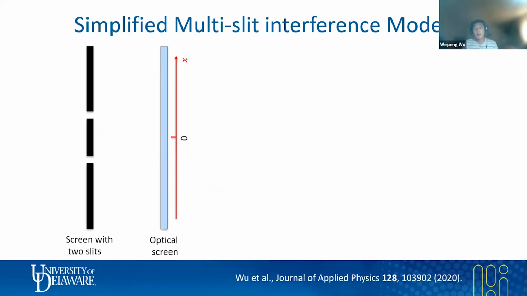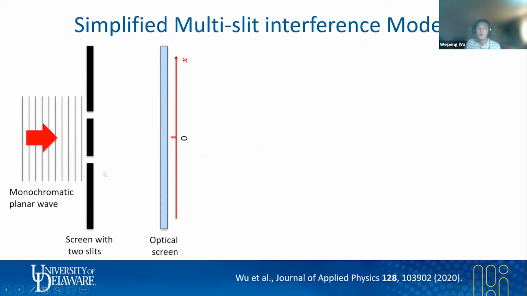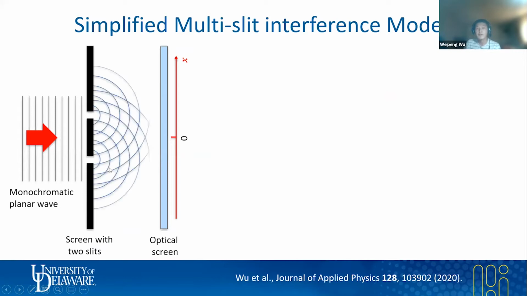So we borrowed some ideas from classical optics and developed a simplified multi-slit interference model. Here, the monochromatic planar wave is incident on a screen with multiple slits, and then forms an interference pattern on the optical screen at a distance.